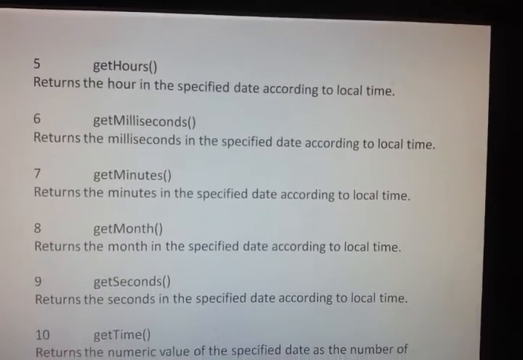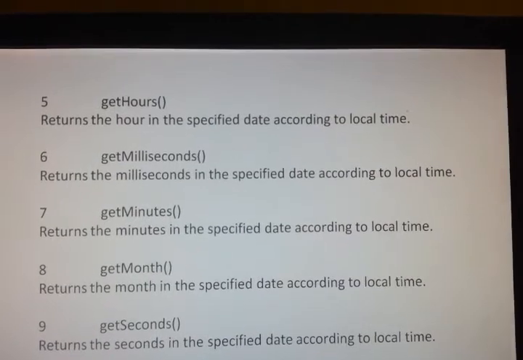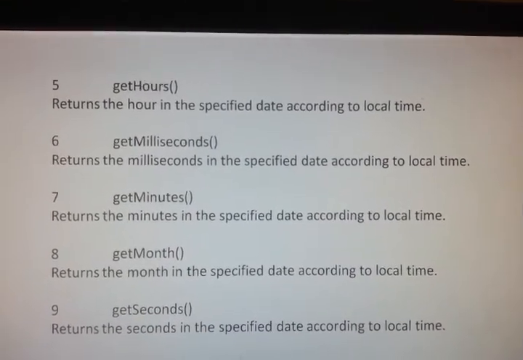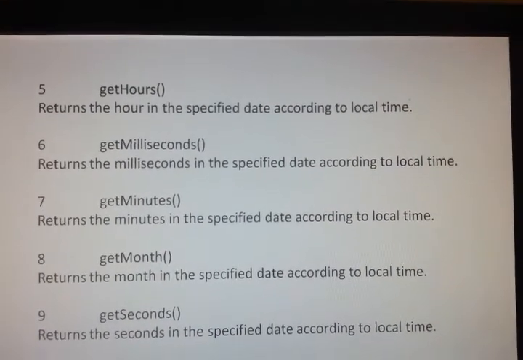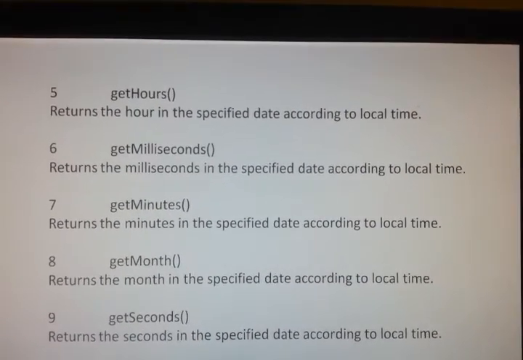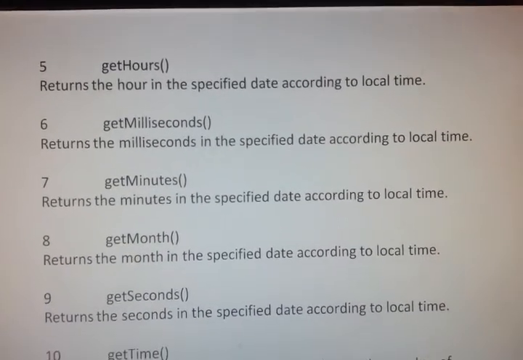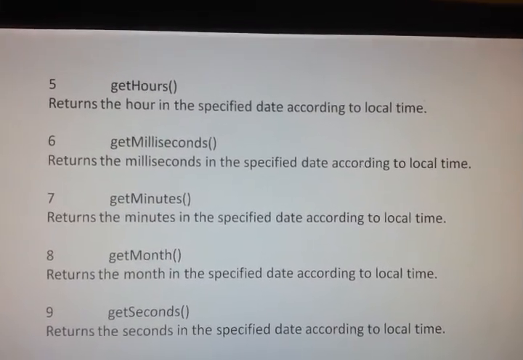Then sixth, getMilliseconds. Here you have to be careful while doing the program. Here milliseconds is not two words. Millisecond is one word. So that's why in millisecond M is only capital.